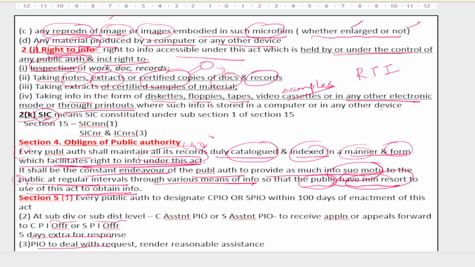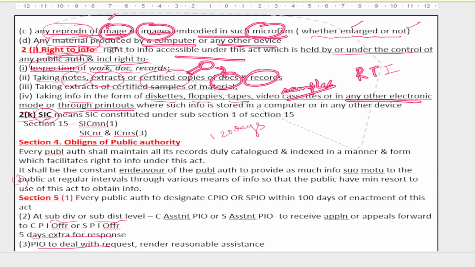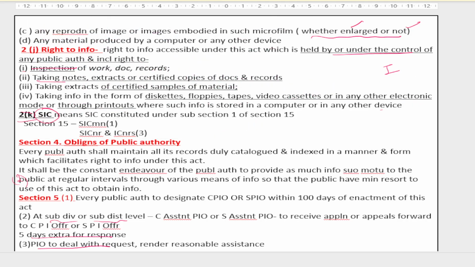The public don't even have to resort to the RTI Act if the information is disclosed by the public authority on its own. Now there is section 4(1) subclause B. This says that within 120 days of the enactment of the RTI Act, every public authority needs to publish the details relating to the organization on its website. Now what are these details that the public authority needs to publish?